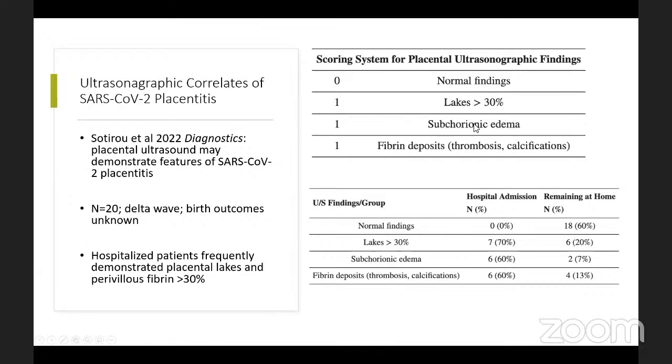Subchorionic edema was another feature that they were seeing commonly with SARS-CoV-2 placentitis, and fibrin deposits. And again, they found at least an association between the severity of maternal symptoms and the presence of these lakes. Not something that's necessarily been recapitulated or found again within the placental pathology literature.